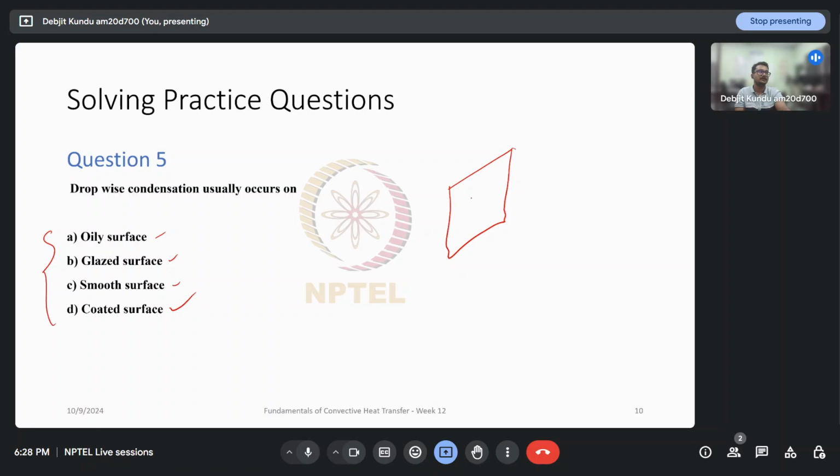Then that vapor will lose heat and change its phase into liquid and form small, individual droplets on the surface of the solid. In contrast, there is another thing known as film condensation, where instead of forming individual droplets, it forms a continuous thin film of liquid after condensation.